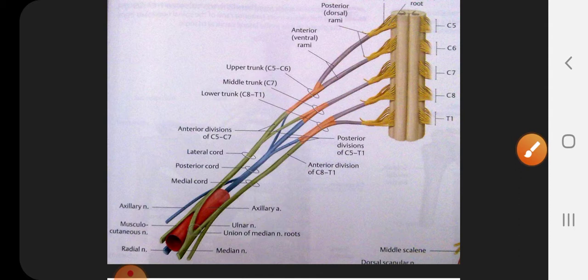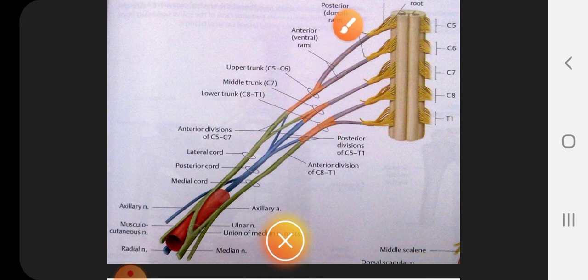The roots join to form the trunks as follows. C5 and C6 join together to form the upper trunk. The middle trunk is formed by the root C7. C8 and T1 join together to form the lower trunk, that is the orange color.